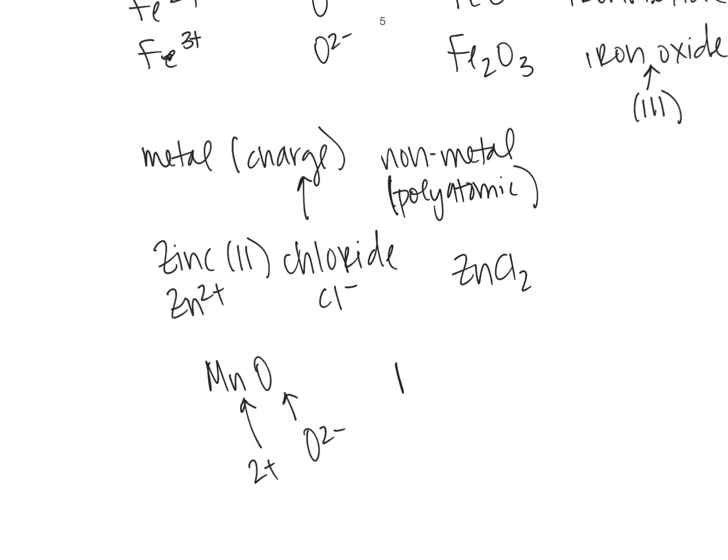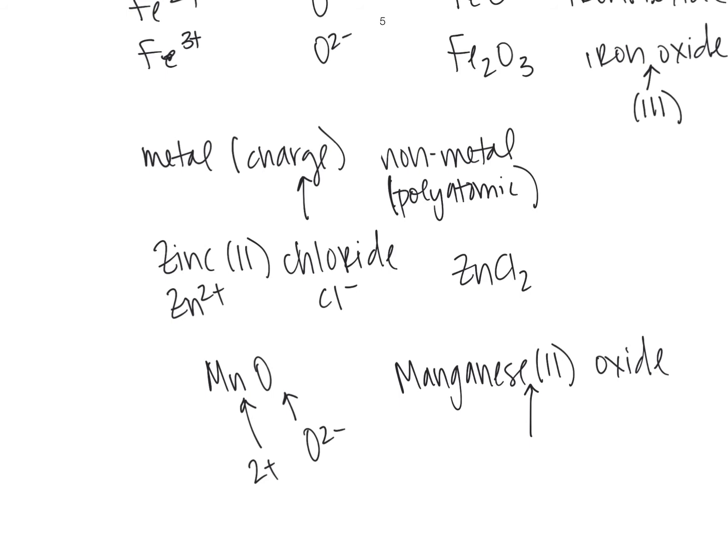So it would be manganese 2 oxide. When you type these out, sometimes there is a space here and sometimes there isn't. Your homework system will require you to not use a space there. I will not have a problem either way.